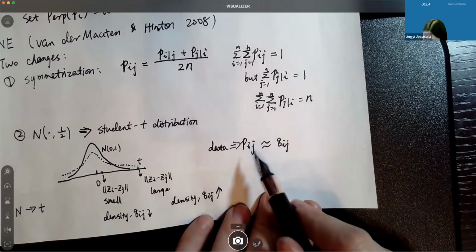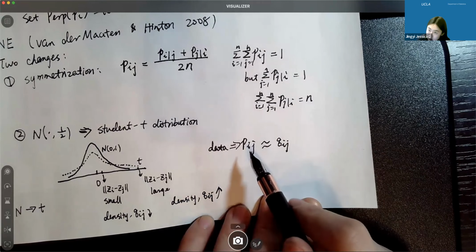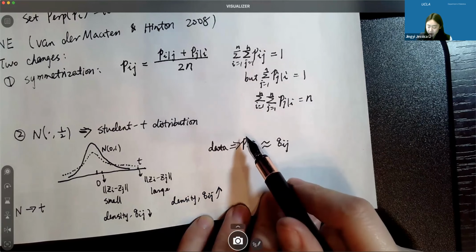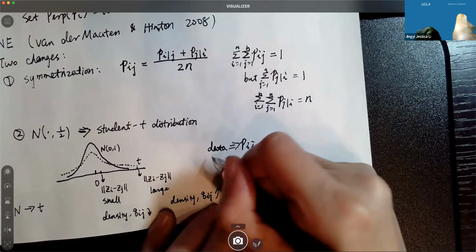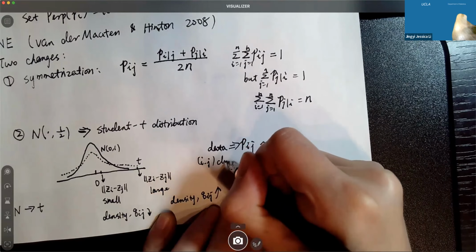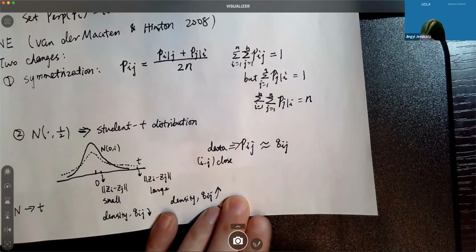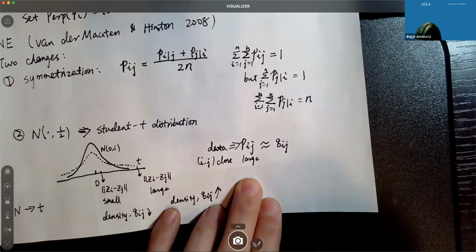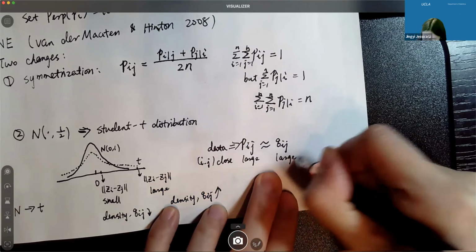So if two points i and j are close in the high dimensional space, then Pij is large, and Qij is also going to be large.